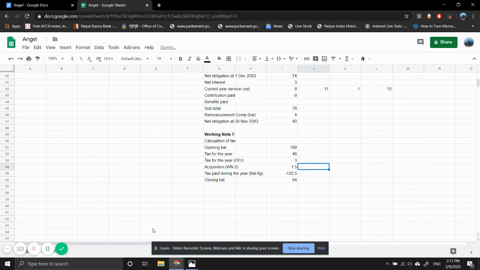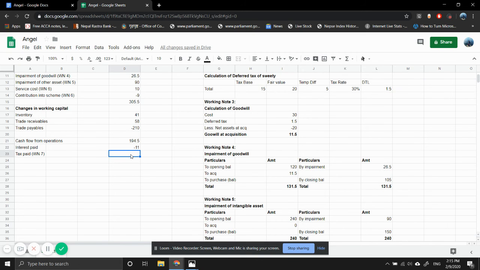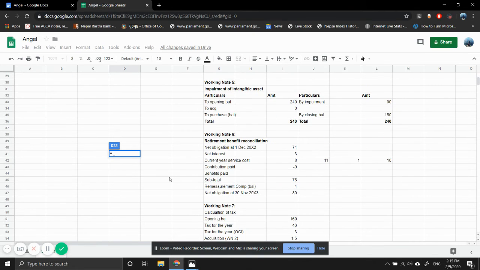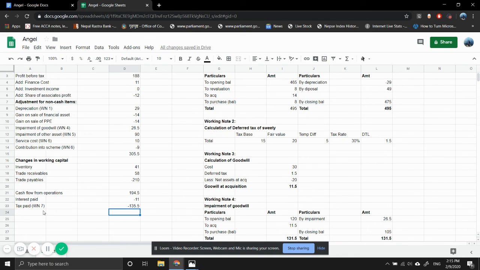Right, so what we will do is we'll just bring that figure over here, and it will be in minus because that is cash outflow from the business. So this will be our cash flow from operating activities, bracket A, sum of everything.